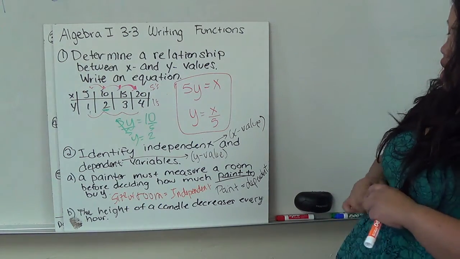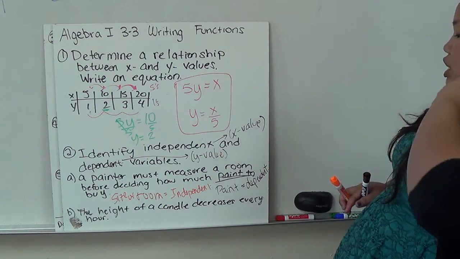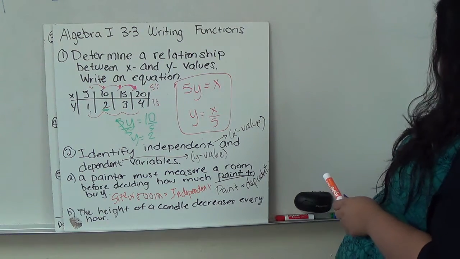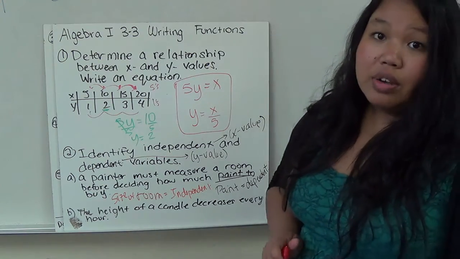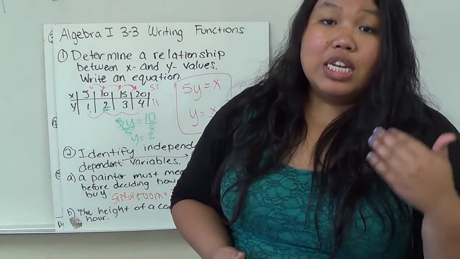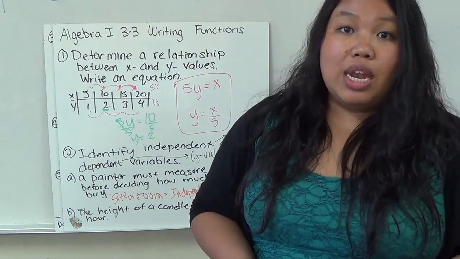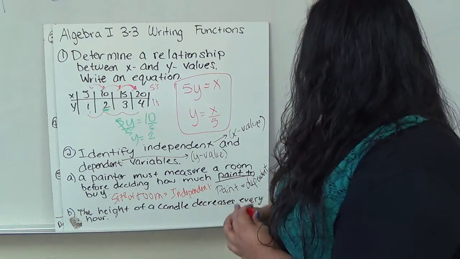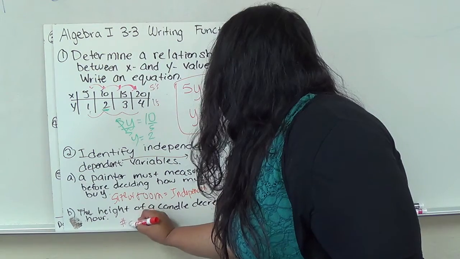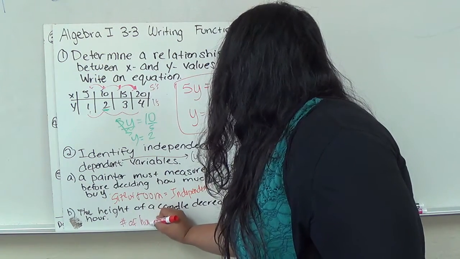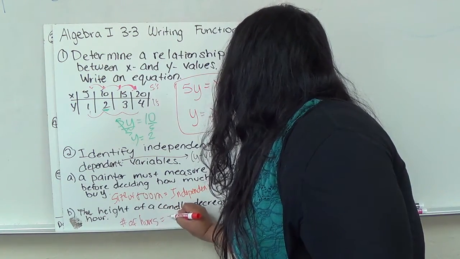The next one, the height of a candle decreases every hour. Okay, this one, no matter what, time will always be independent. So that means time will always go on. So the number of hours, which is our time, is our independent.